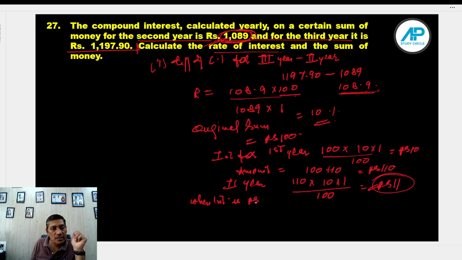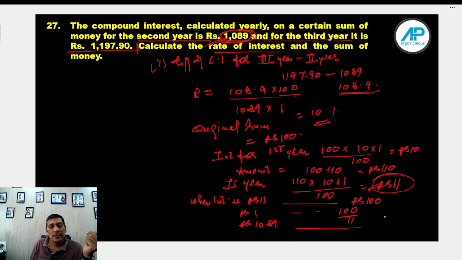So when interest is rupees 11, sum is rupees 100; when it's rupees 1, sum is 100 by 11; when it is rupees 1089, it is 100 by 11 into 1089. So 1089 will go exactly by 11, and this gives me 99.